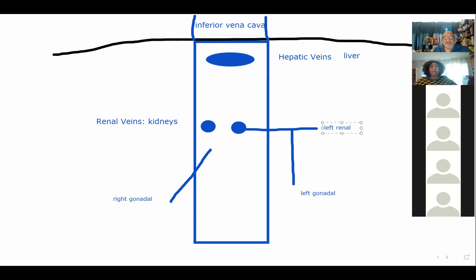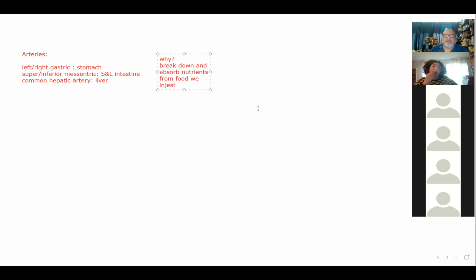Now, once you break down all of those foods and get all of those nutrients, do you necessarily want to take them and dump them directly into your cardiovascular system for your heart to distribute throughout the body? No. I know this may be a hard question for you guys to answer because I know every single person in this classroom eats a completely well-balanced meal with just the right amount of micro and macro nutrients that you need in the food that you ingest to maintain perfect balance within your body.